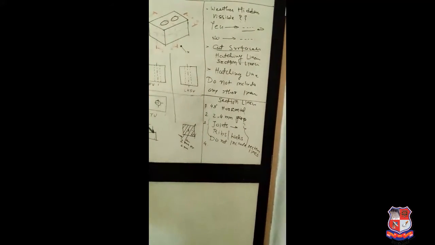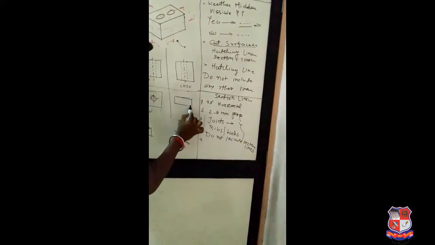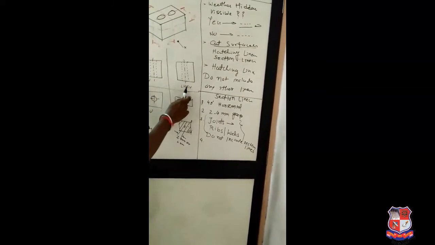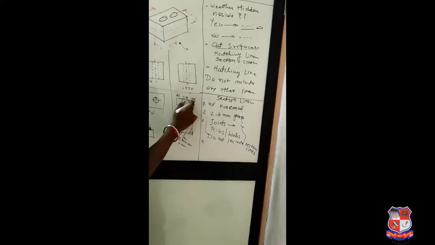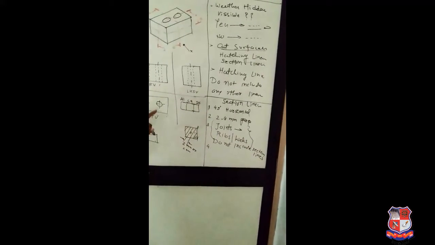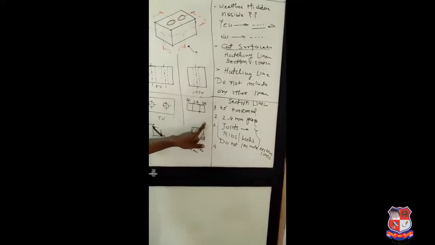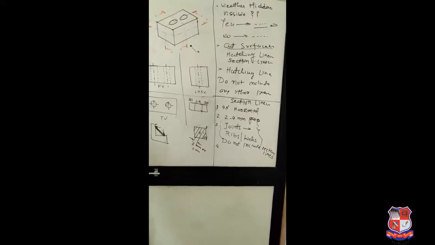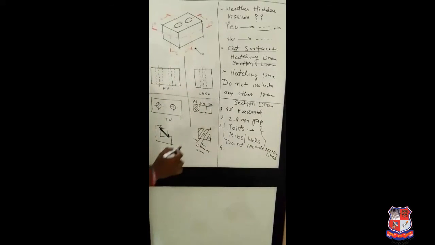Number 4. Suppose this is the cut surface. From this cut surface, the material of this portion is aluminium, the material of this portion is copper, and the material of this portion is stainless steel. 3 different materials are there, and the surface is going to cut. So over here we need to include the section lines. In that case, draw different section lines.